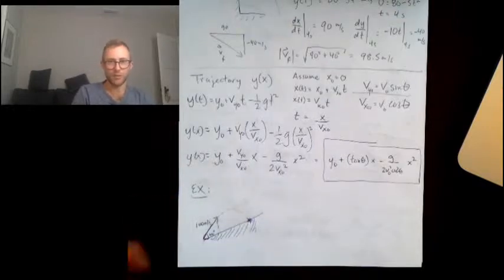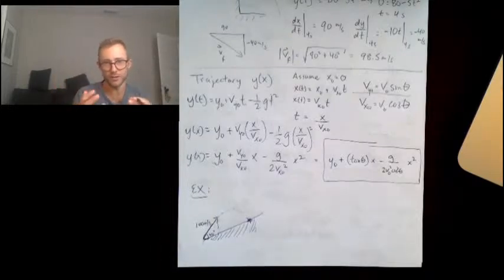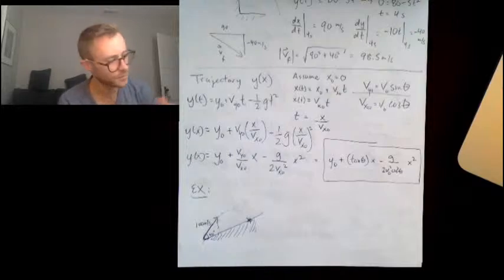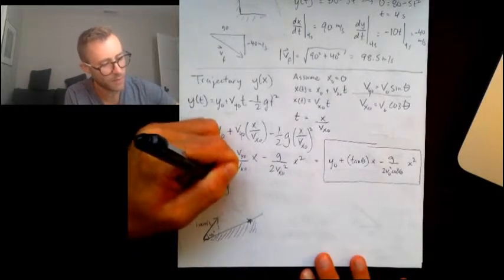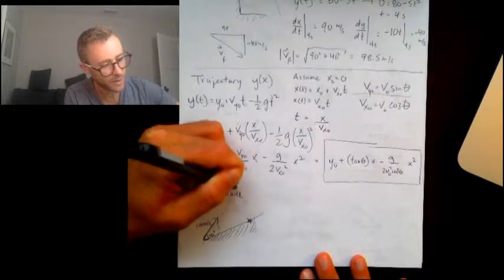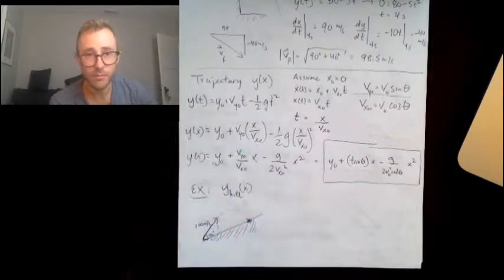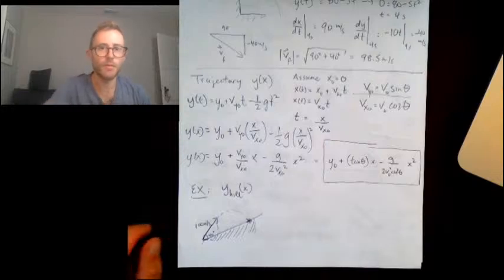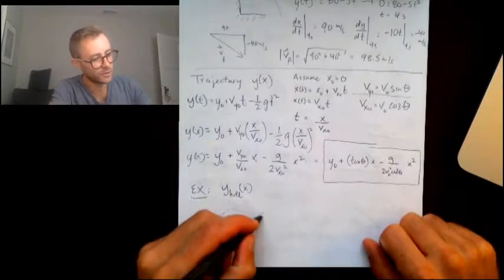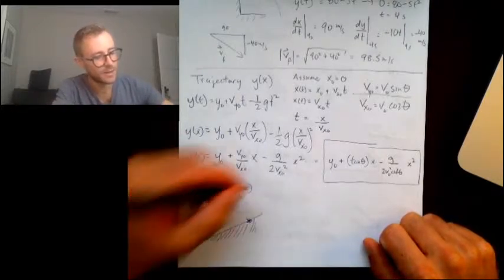So to do that, we need the shape of the hill. All right? So I'll call it the hill function, if you will. So what is the shape of this hill, y of the hill, as a function of x? And so you can see this is a linear hill.